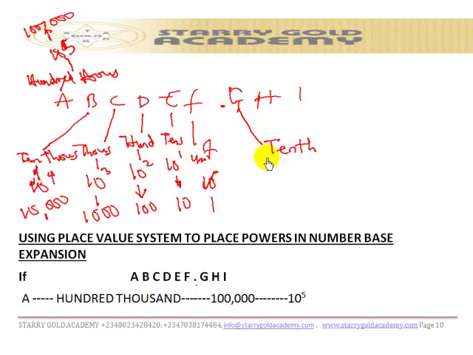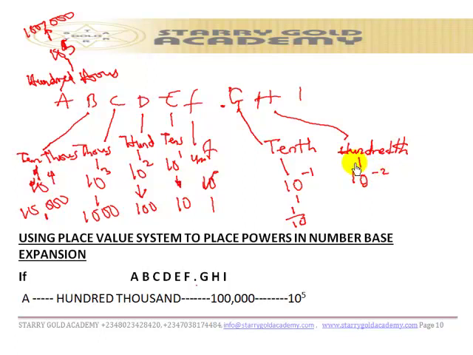So if tens is 10 raised to 1, then tenth is 10 raised to minus 1, and that is 1 over 10. Hundredth. If 100, the positive one, is 10 raised to 2, then this is 10 raised to minus 2.